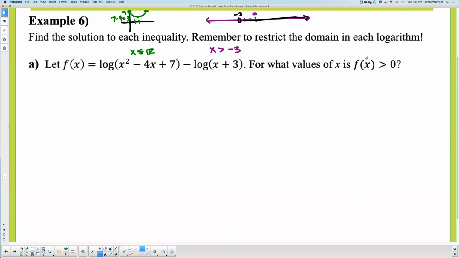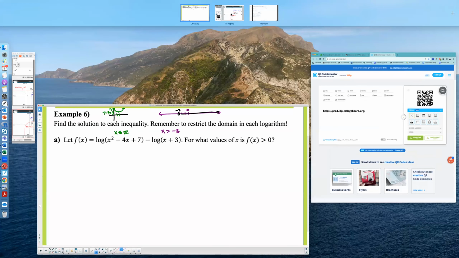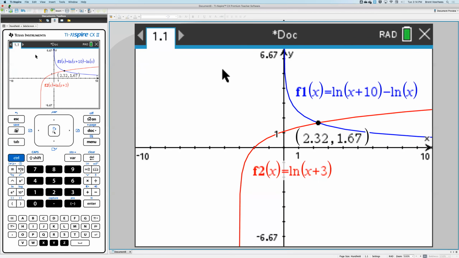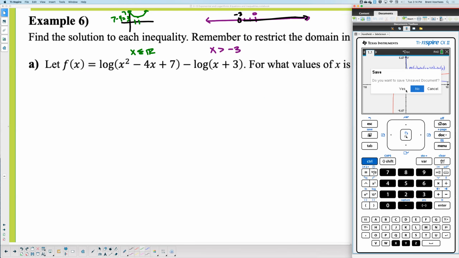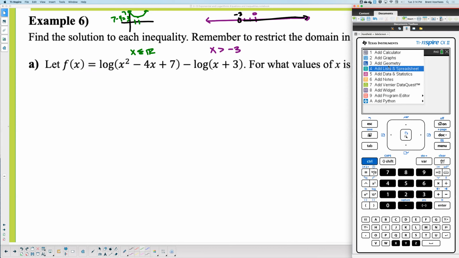I want to know where this is greater than 0. So you can do the algebra, but let's just go through the graph here. I'm going to graph. We want to know where this equation is greater than 0.